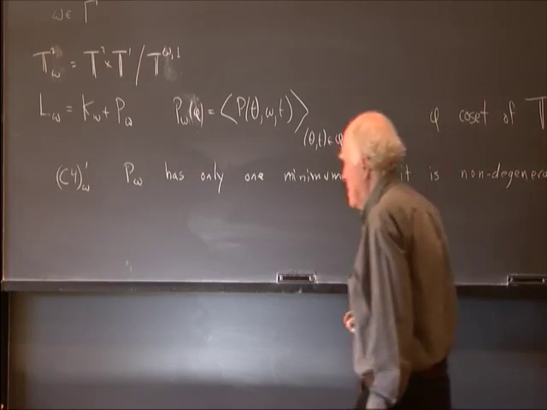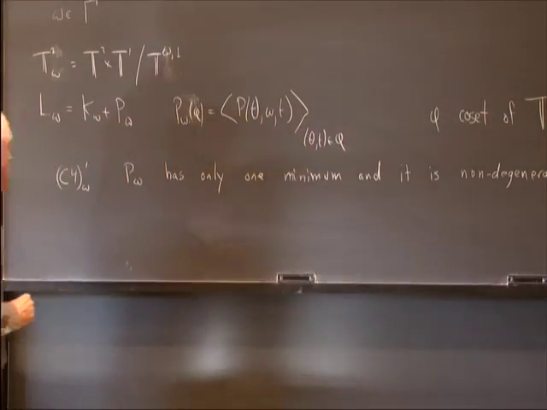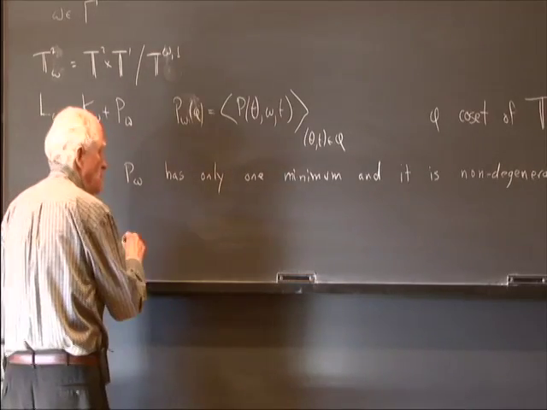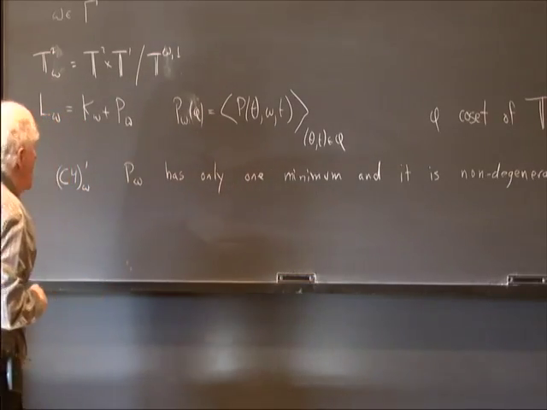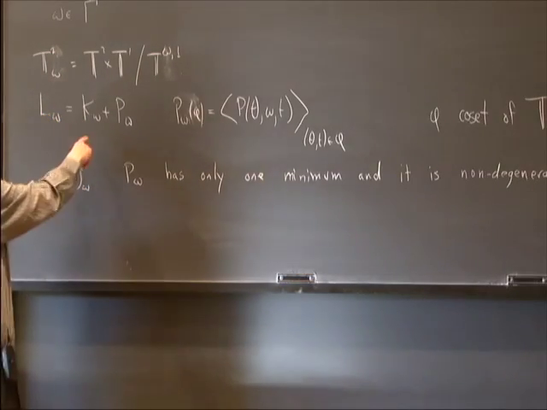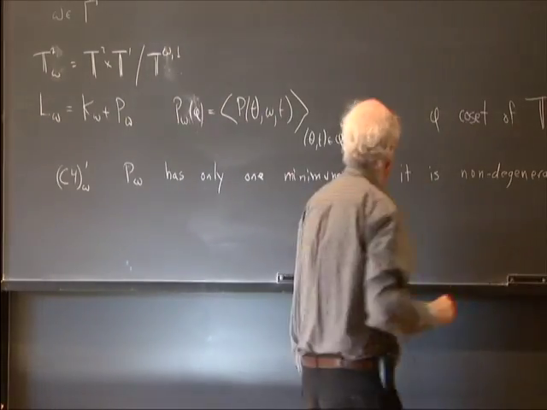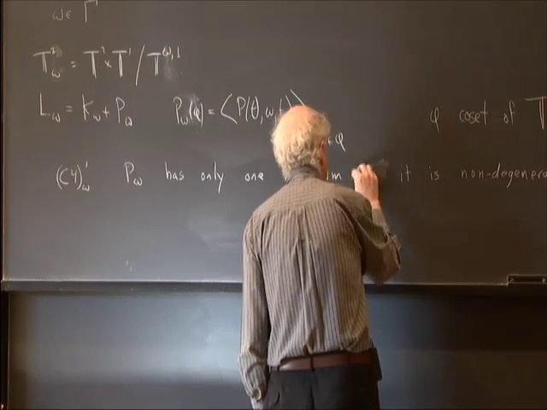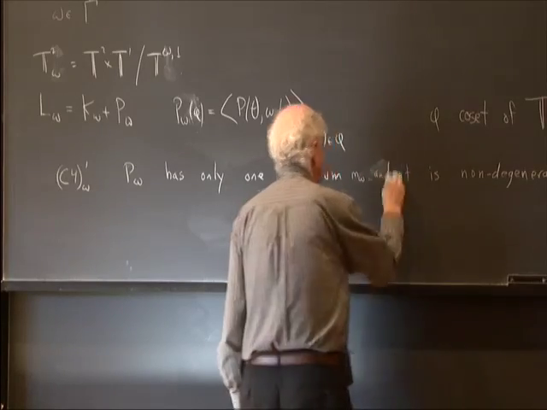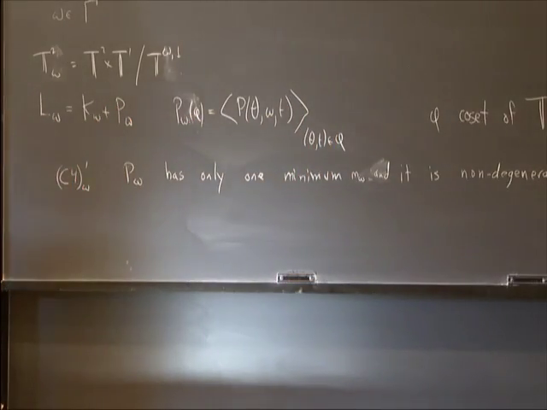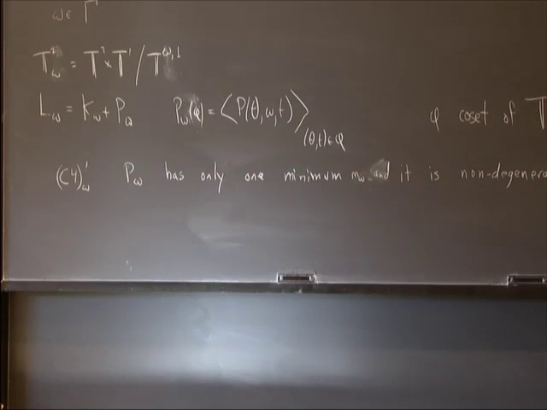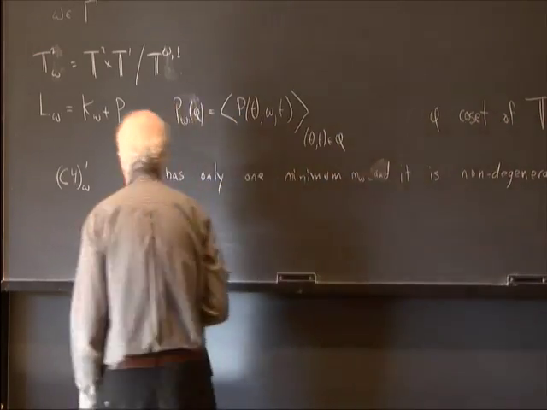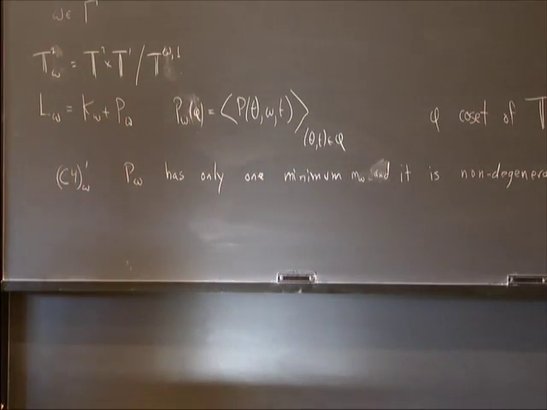Well, now there's more. Actually, there's more to this condition. So you have two quadratic forms on the tangent space of, we'll call this global minimum m omega. So p omega has two quadratic forms on the tangent space to T2 omega at m omega.